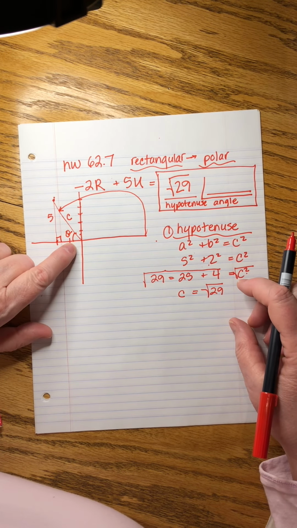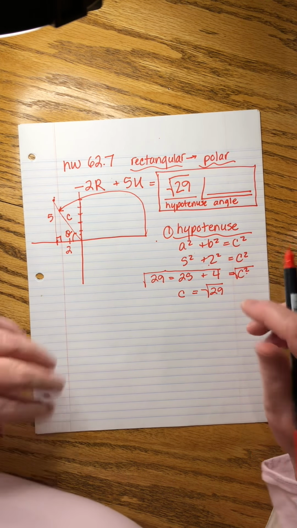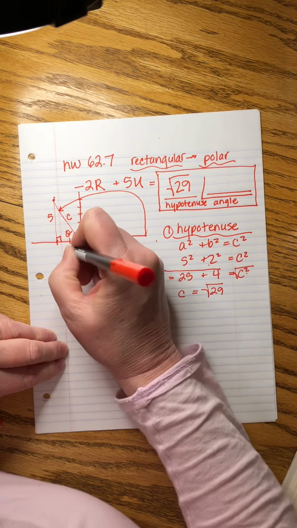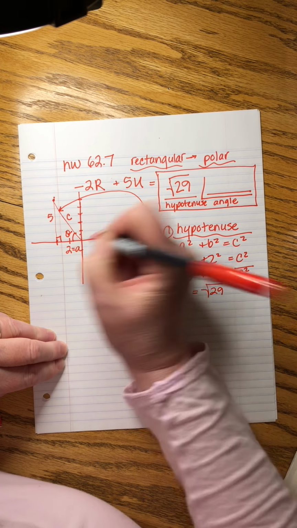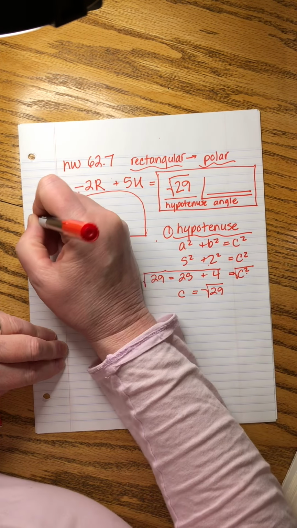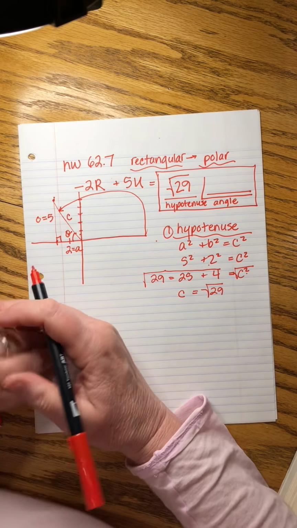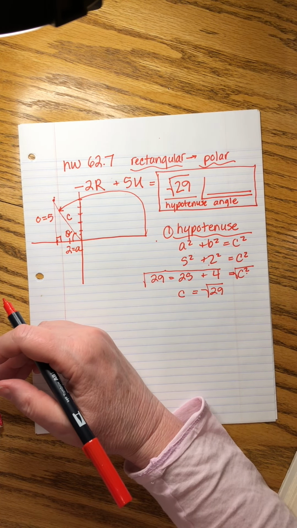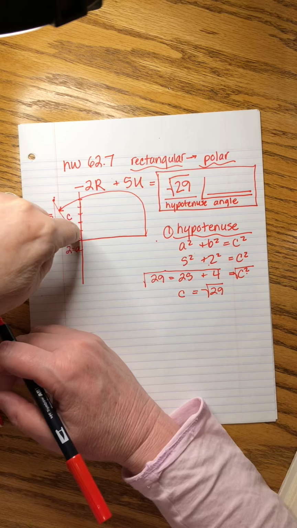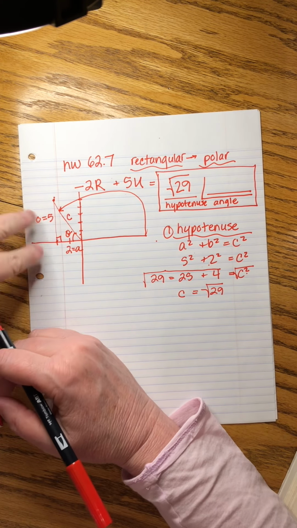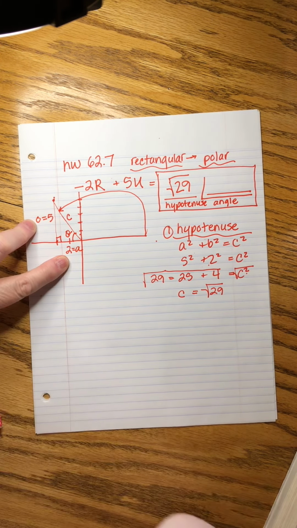Now, we want to use our trig functions, and we know that we've got an adjacent side of 2 and an opposite side of 5. So what trig function can we use to find this angle if the two pieces we have are the opposite and the adjacent?